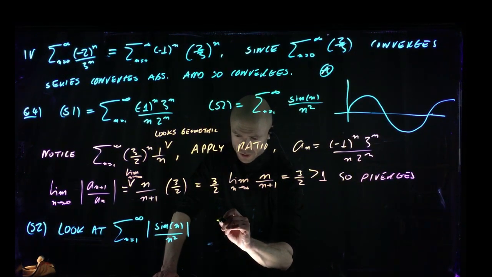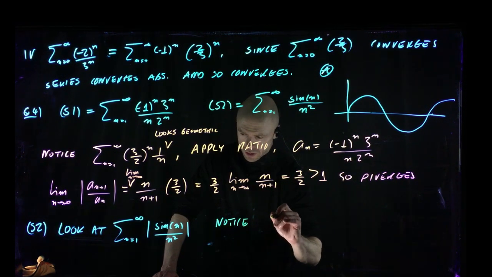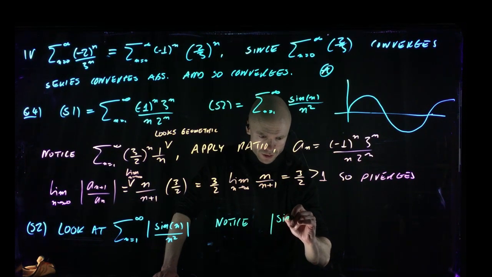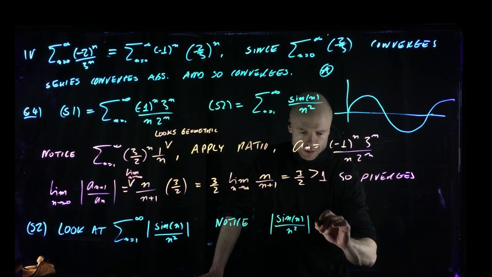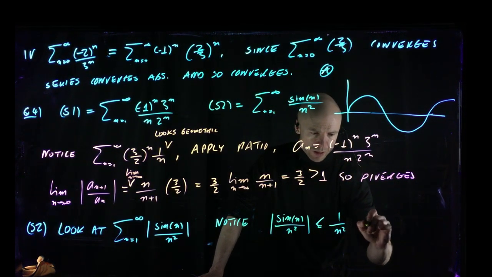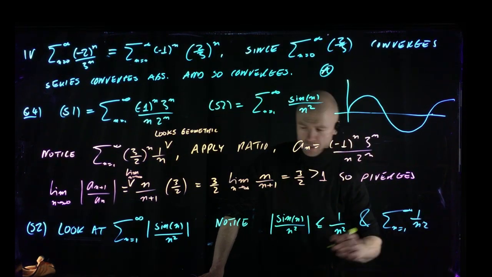So notice that the absolute value of sine of n over n squared is less than 1 over n squared, and the sum from n equals 1 to infinity of 1 over n squared converges.